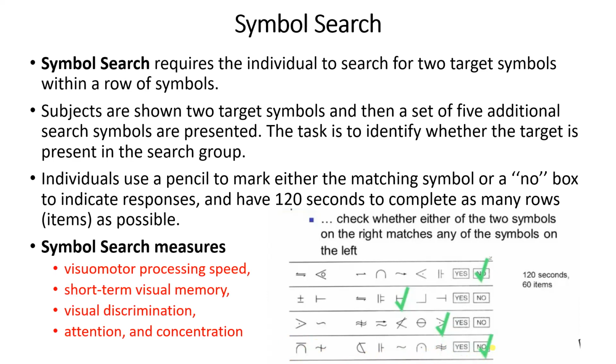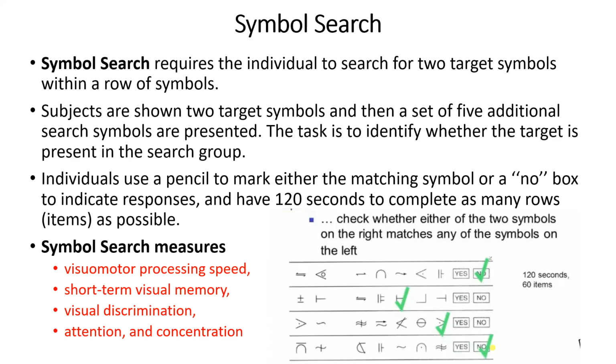This symbol search basically measures visuomotor processing speed. The response is a motor response, you are putting a tick mark, and the task is visual in nature. So it is basically a visuomotor processing speed task.